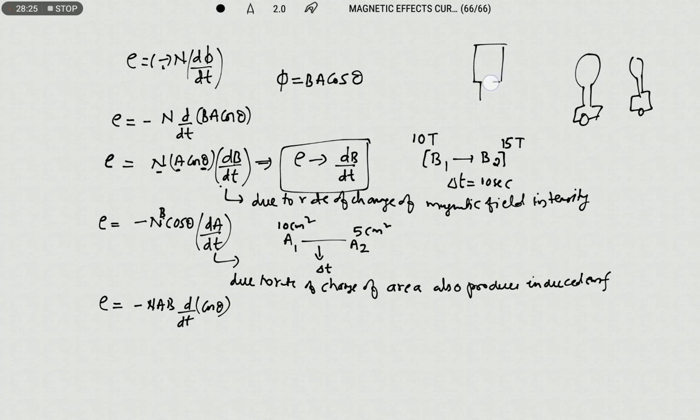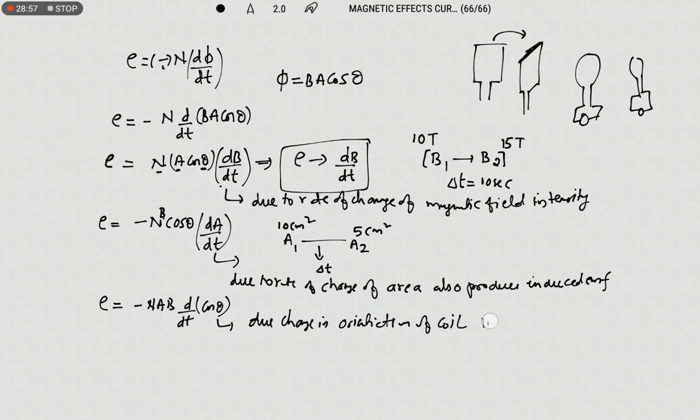For suppose this is the initial orientation of the coil, later we change the orientation into another plane. So when we change the orientation, the angle made by the coil with respect to the field changes. Due to change in orientation of the coil in a magnetic field, induced EMF will develop.